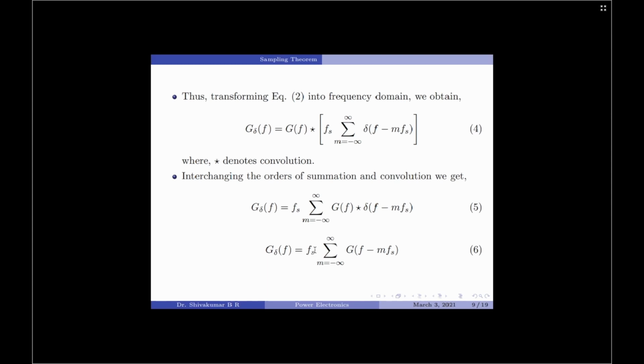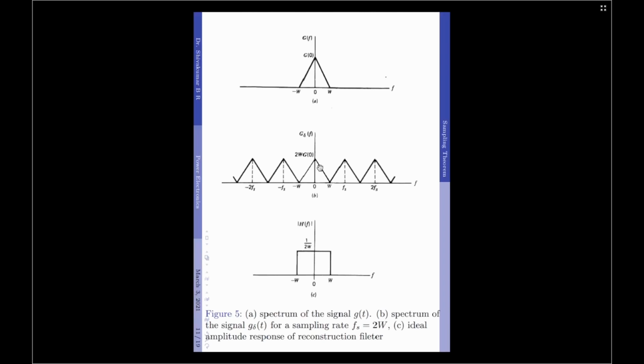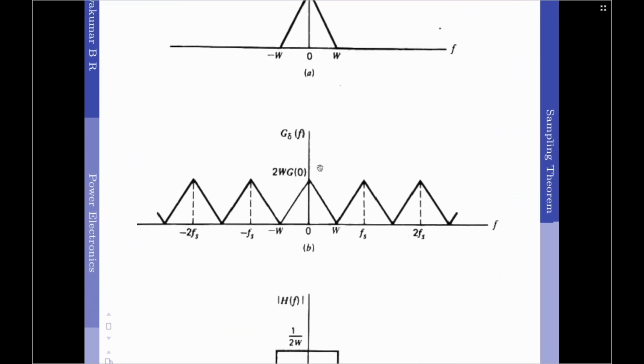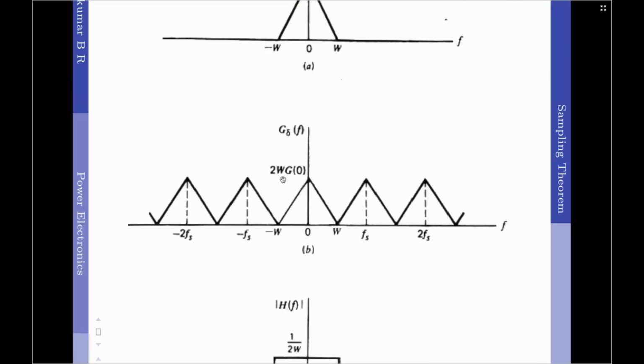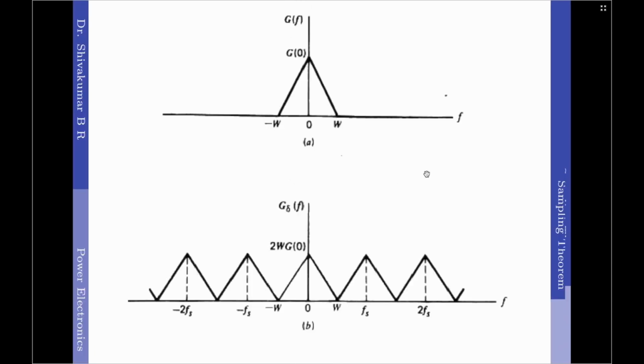Now here fs is equal to 2W. Therefore, when I go to the spectra of the sampled signal, you will see we have a 2W multiplication factor in the amplitude of the sampled signal. Now, since we are talking about reconstruction, what we are interested in from the sampled signal is quite obviously those frequencies that lie only between minus W to plus W, because these are our original frequency contents.